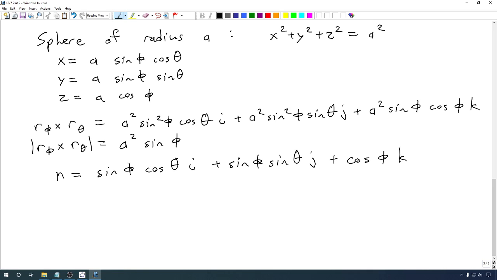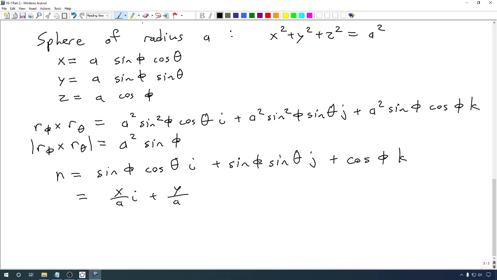Not too complicated. But what is actually even nicer is that these are essentially the original x, y, and z components, except with no radius in them. The a is gone, but we still have sine phi cosine theta, sine phi sine theta, and cosine phi. In other words, the orientation here is just the unit vector that points outward directly away from the origin. You can even say this is x over a i plus y over a j.